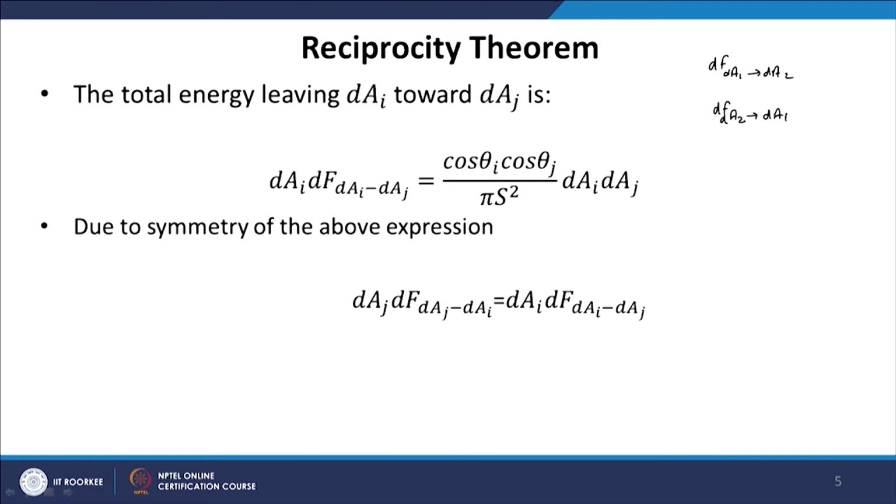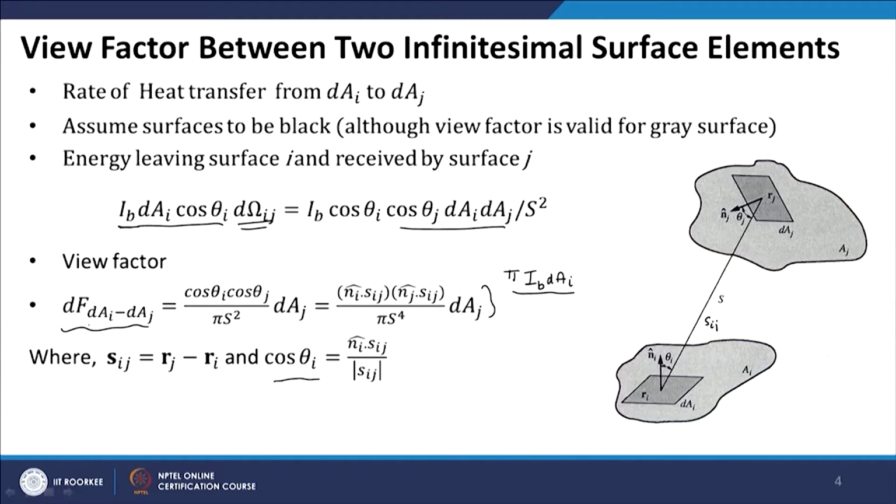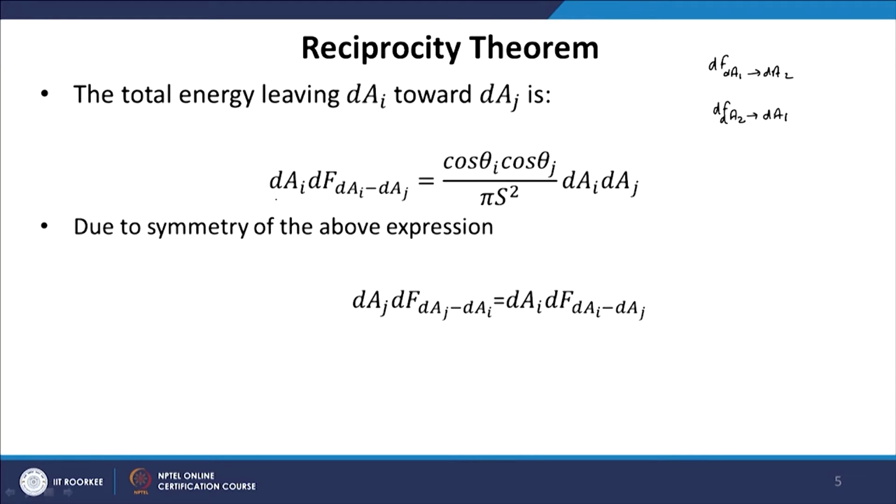In reciprocity theorem, the view factors from surface 1 to 2 is related to surface 2 to 1 using their areas. So, what we do is, in the previous definition of view factor dF dAi dAj, we multiply by the area of the surface dAi, and what we get is expression of view factor multiplied by the small element area dAi, and this expression is symmetric in i and j. So, if we replace i with j and j with i, this expression will not change.